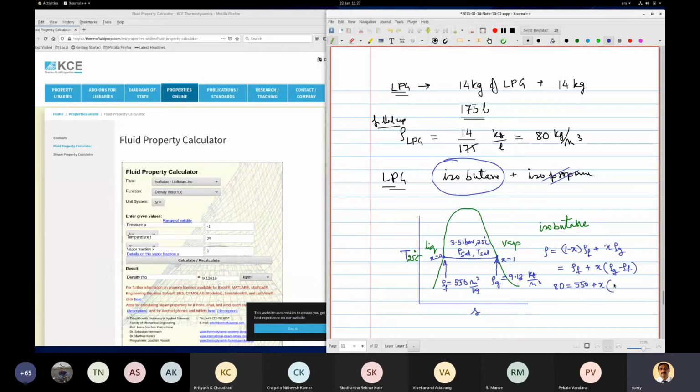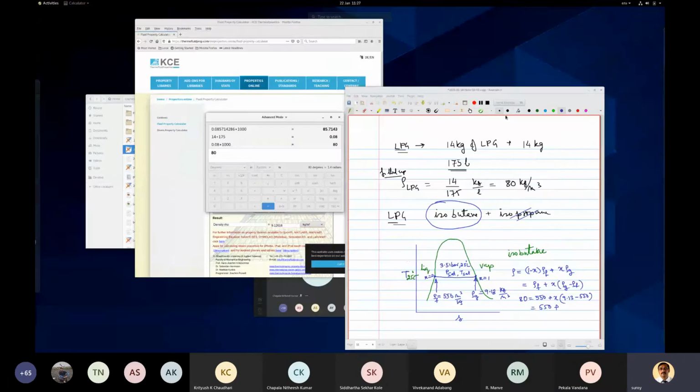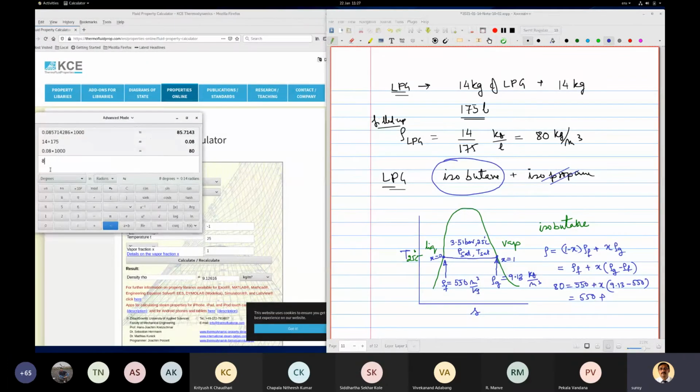What is rho G? Rho G is 9.13 minus rho F, which is 550. So that is equal to 550 plus, so let us do this calculation again.